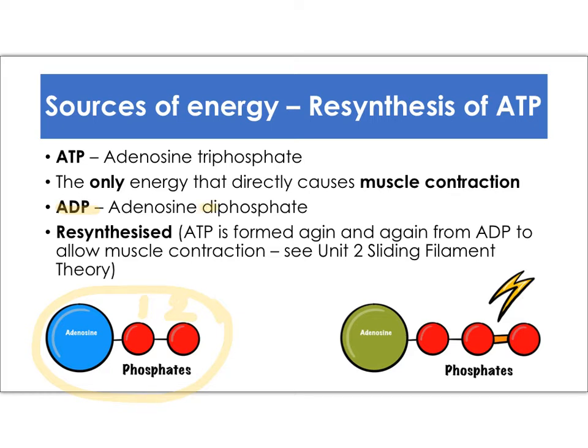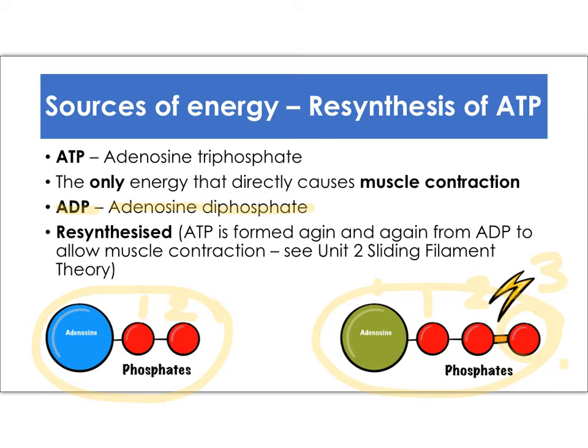There's 2 phosphates on 1 adenosine. So adenosine diphosphate. You can see from the pictures here that it's missing just 1 phosphate. Adenosine triphosphate, 1, 2, 3 phosphates on 1 adenosine is adenosine triphosphate.